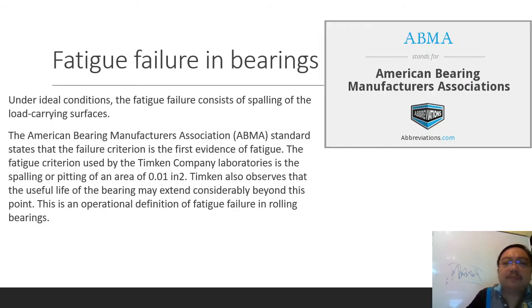So, fatigue failure in bearing. This is from the American Bearing Manufacturers Association, ABMA, so the standard applies all over the world, from the American standard.